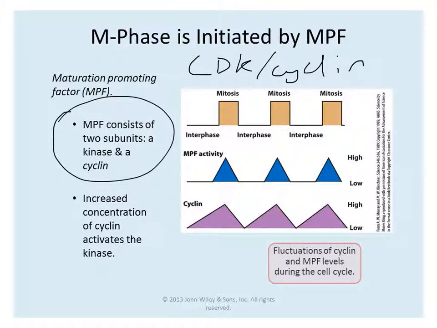What they also found was MPF activity was high during mitosis, at the onset of mitosis. So it highlighted the fact that the activity of this complex helped trigger the entrance into mitosis.